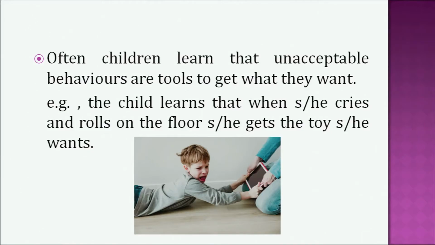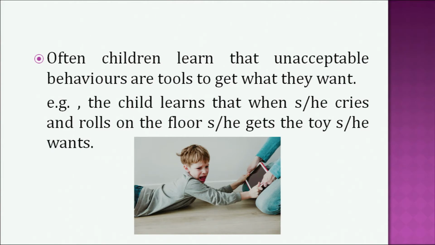You might have seen children lying down on the roads or on the floors asking for whatever they want at whatever time. That means often children learn that unacceptable behaviors are the tools to get what they want. Sometimes it has been seen that when children show such behavior, then in order to stop them, the parents give in to their demands.